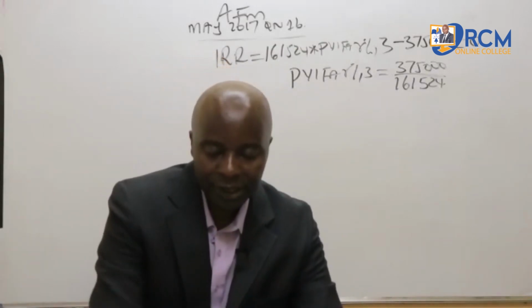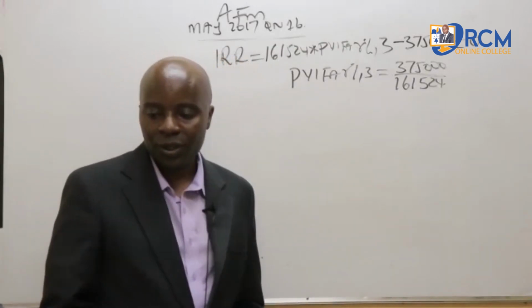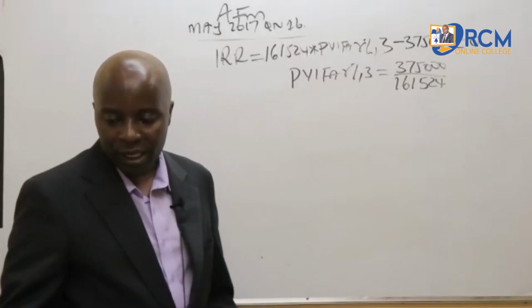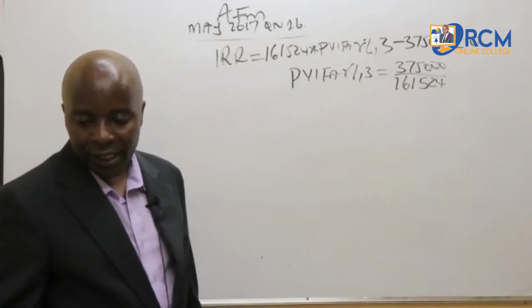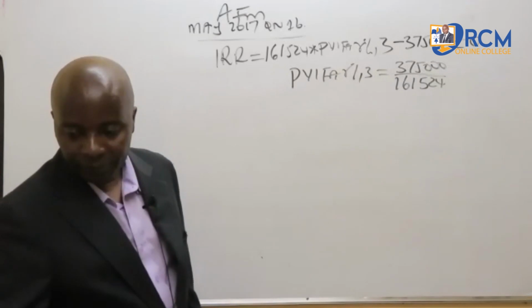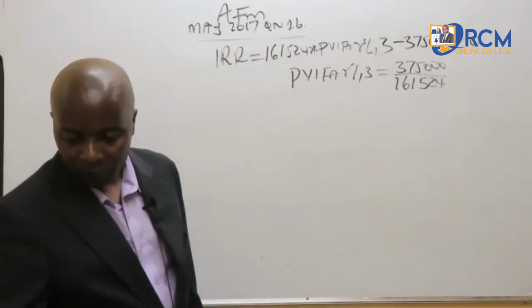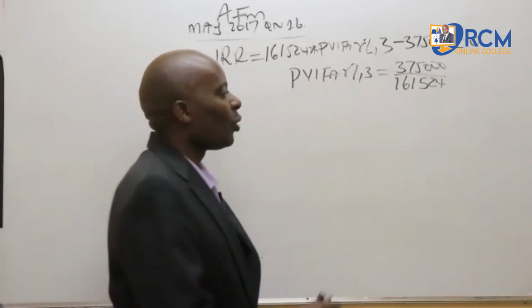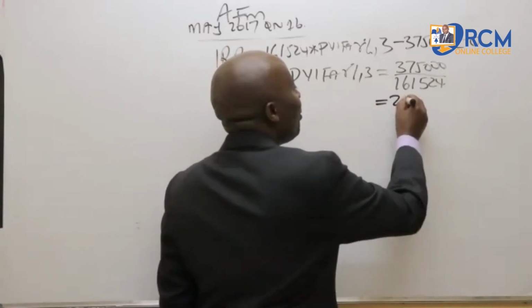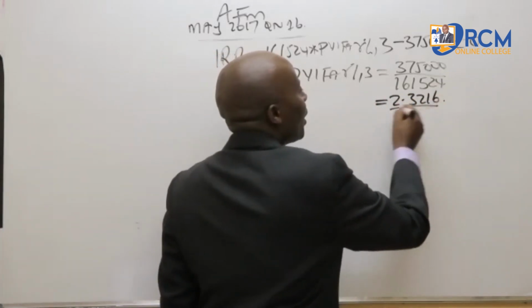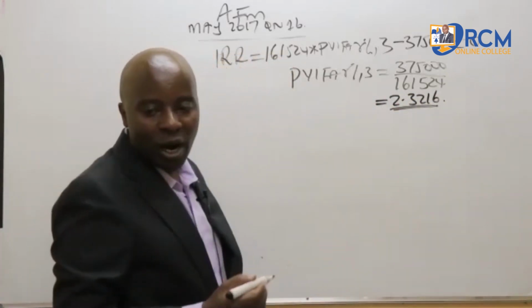What do we have here? 4 decimal places. So we have 2.3216.